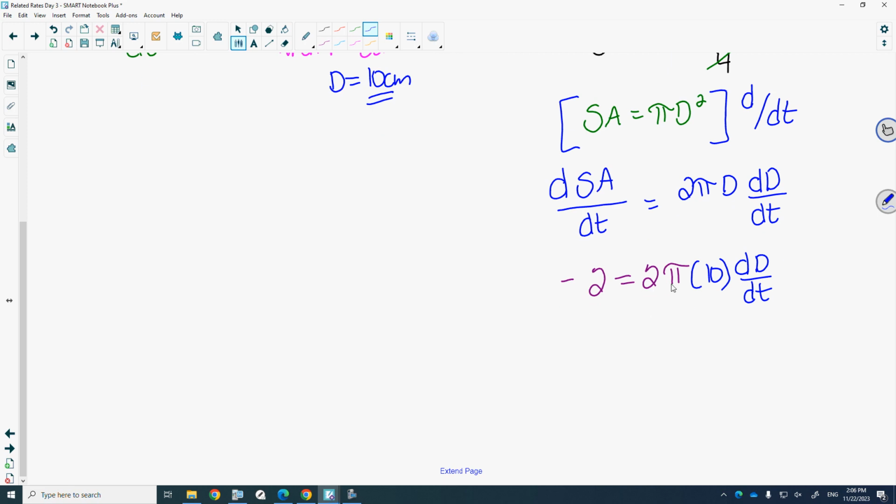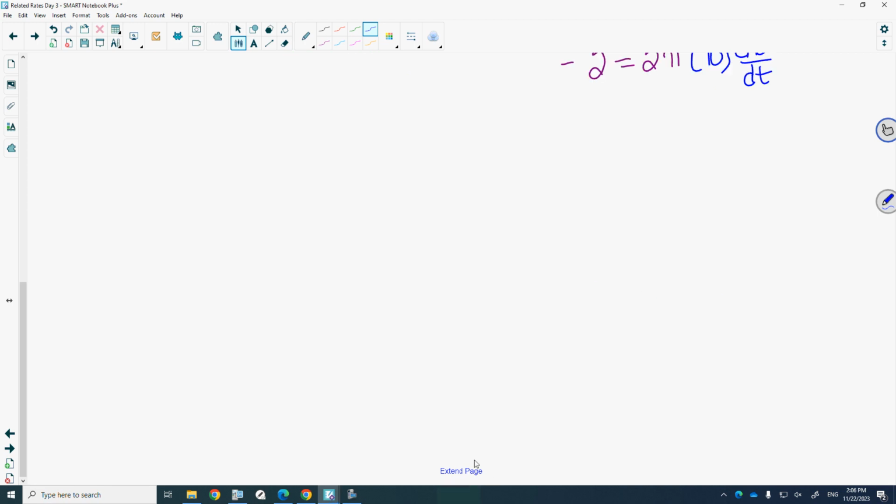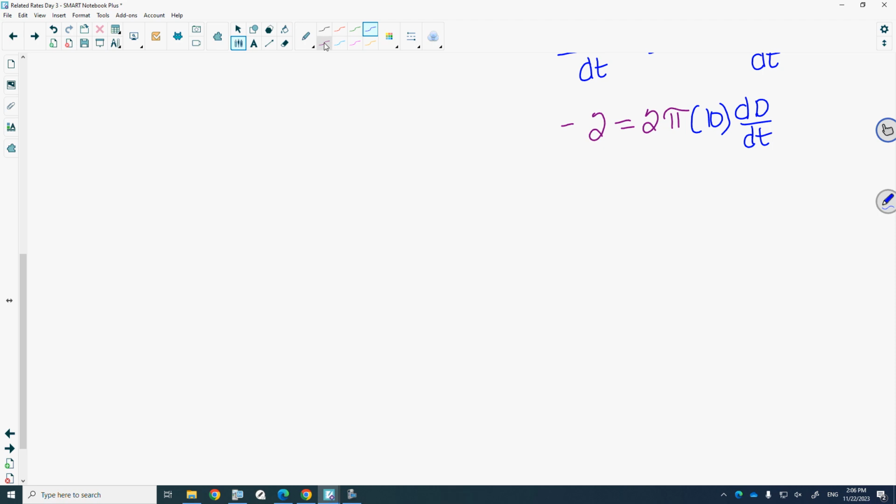You could multiply 2 times 10. Do you see how the 2's would actually cancel, though, on each side? So if you don't see that, that's fine. I'll just say, okay, I've got negative 2 here. And to get the rate at which the diameter is changing with respect to time, I'm going to divide both sides by 20 pi.